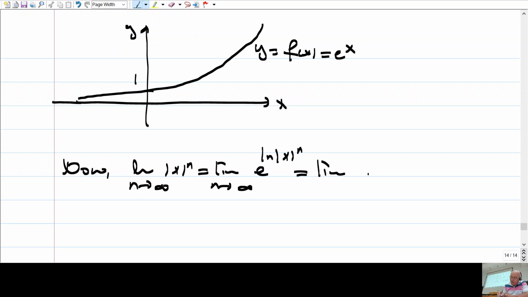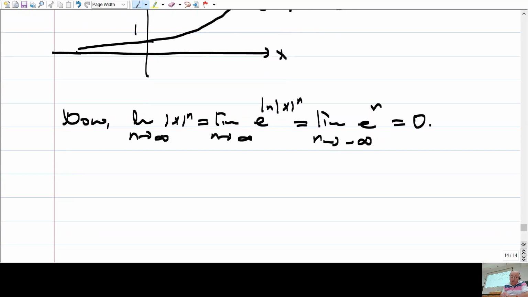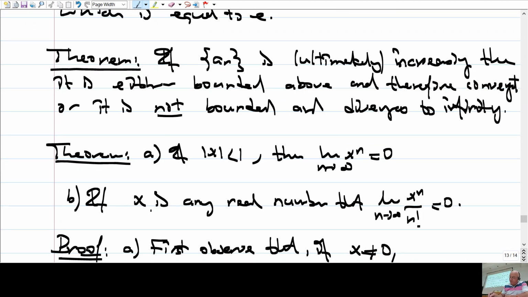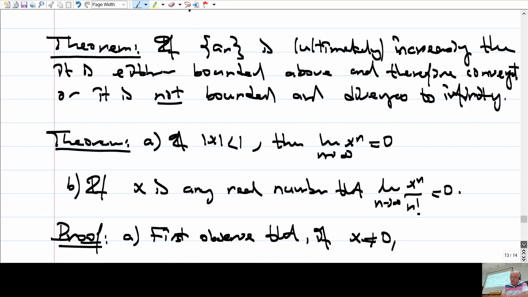So this is the same thing as, let's say r, and r going to minus infinity, but this is just 0, right? So the limit of x to the power n is 0. Okay. What about part B? What was part B? Part B was this. If x is any real number, then this ratio has limit 0.